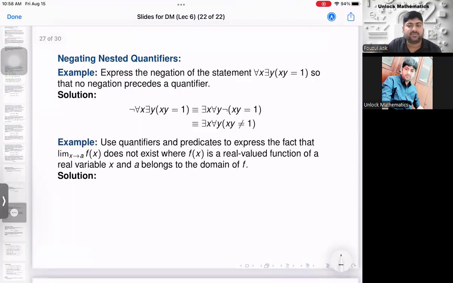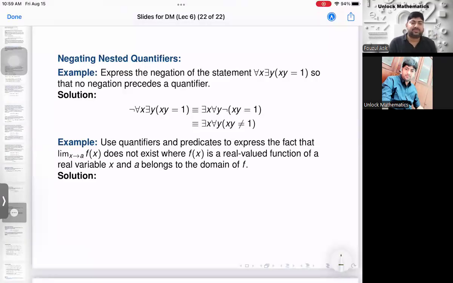Then look at this example. Use quantifiers and predicates to express the fact that the limit of f(x) as x tends to a does not exist, where f(x) is a real valued function of a real variable x and a belongs to the domain of f. How do you write it?